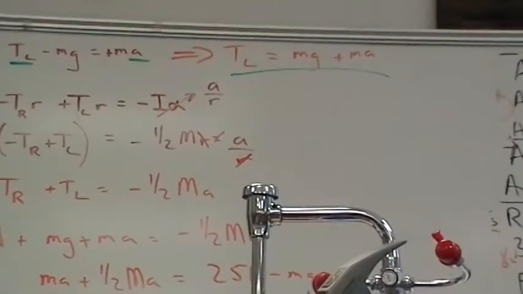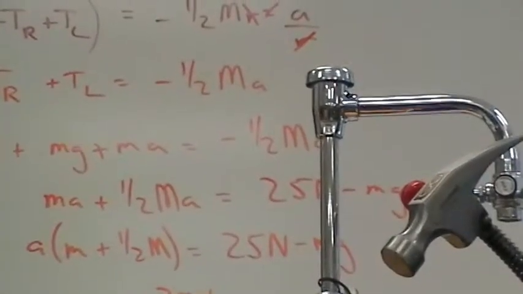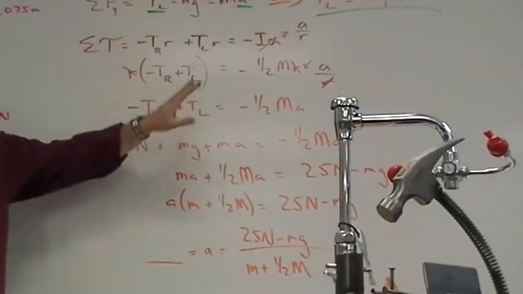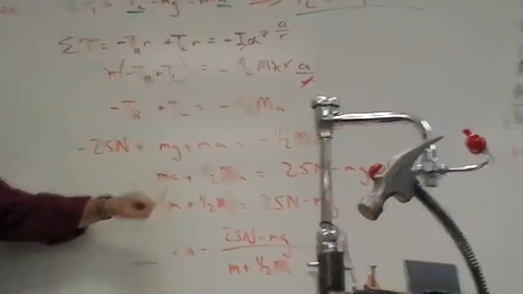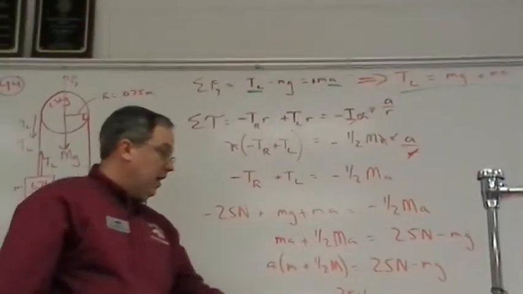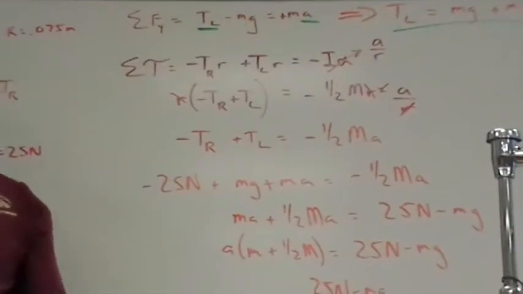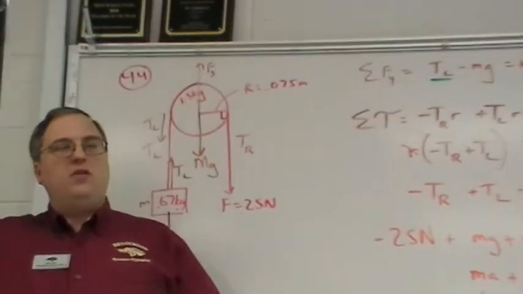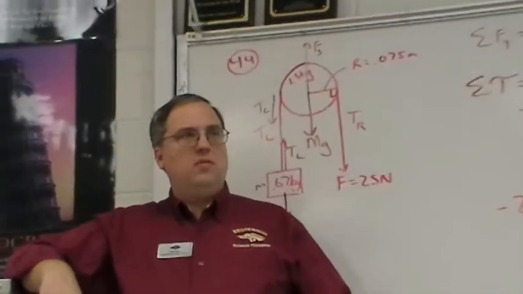Okay? So, I consider this problem done now. We were at the tension on the right, 25 newtons, the tension on the left equals that, and this is how you find A. But before I leave this problem, I want to talk about another little concept real quick.